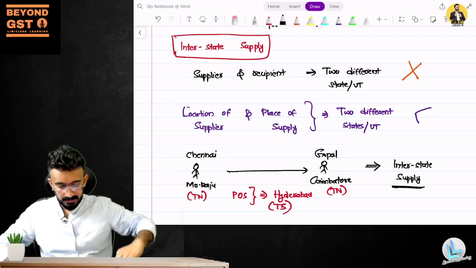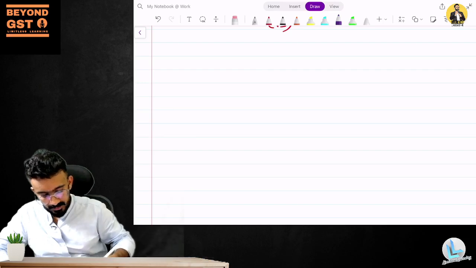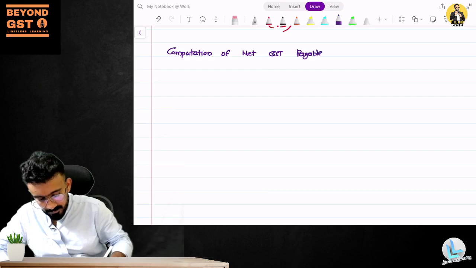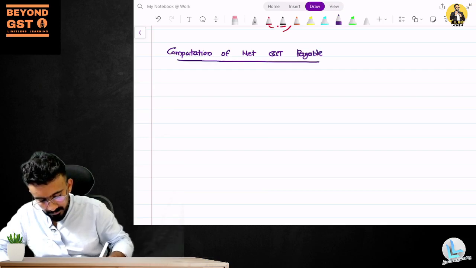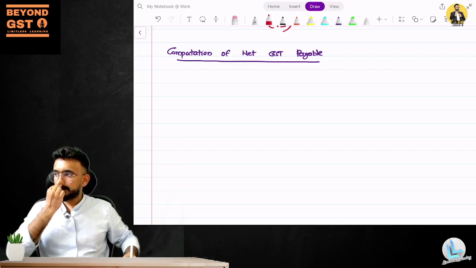Now, as far as a supplier is concerned, let's move to computation of net GST payable.